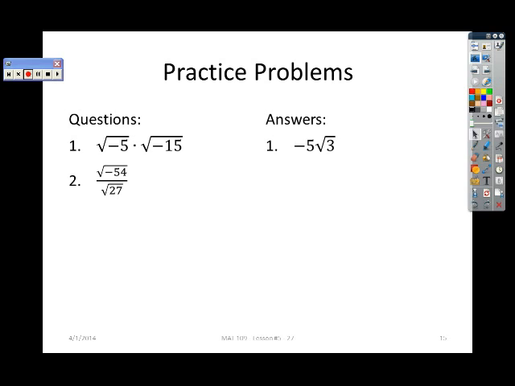What do you get for an answer to this simplification, this calculation? I'm sorry? Well, I don't know. Let's see. I don't think so, but let's see.